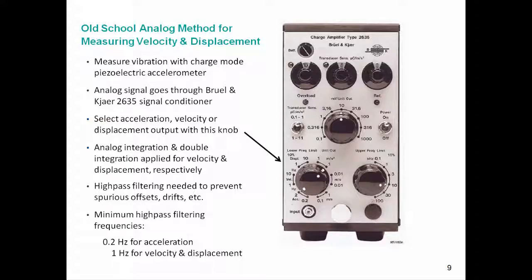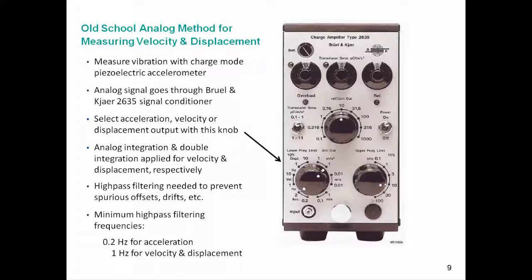And this has all sorts of knobs and buttons on it for dialing in the sensitivity of the sensor. And on the bottom left-hand corner, there's a knob. And using this knob, the output can be set to either acceleration or velocity or displacement.